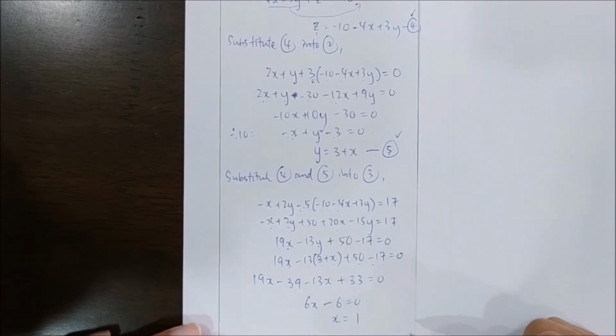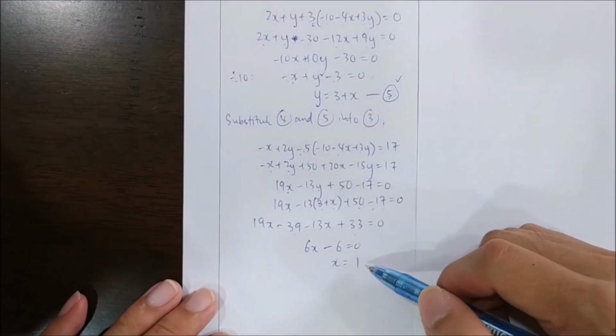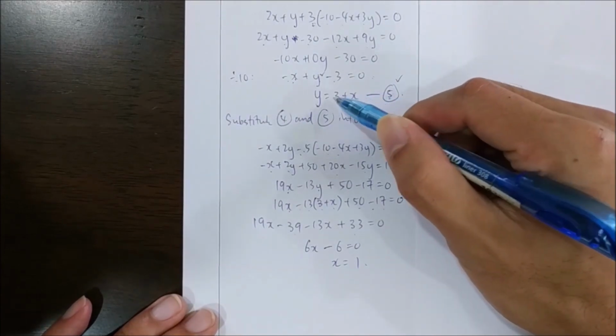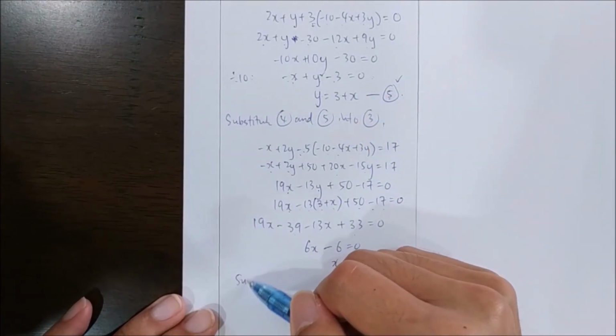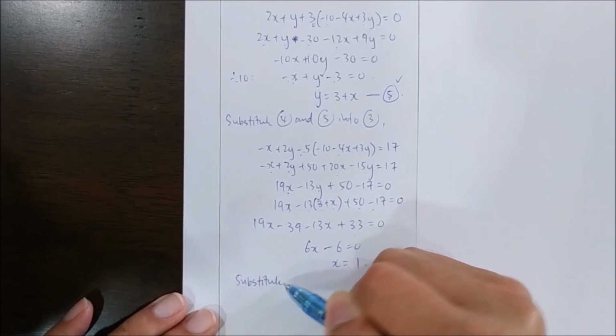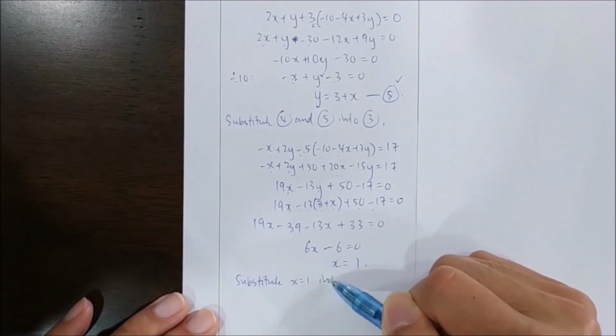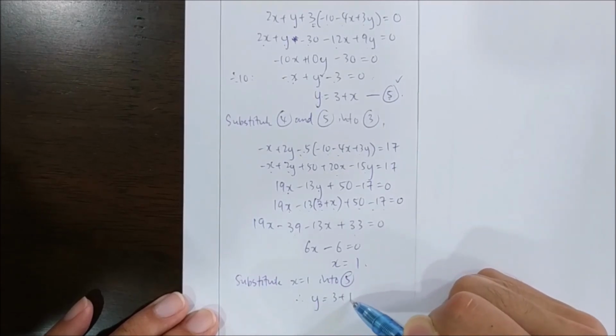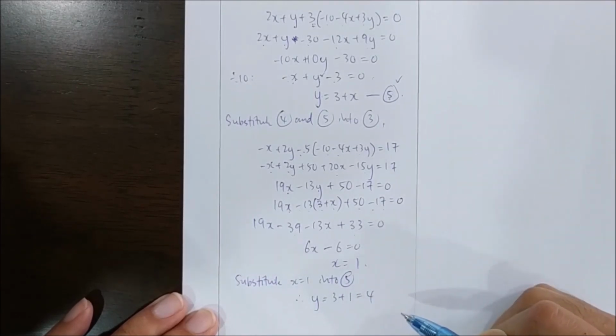We get x equals to 1. Now we substitute x equals to 1 into equation number 5 to find y. We will get y equals to 3 plus 1 equals to 4.